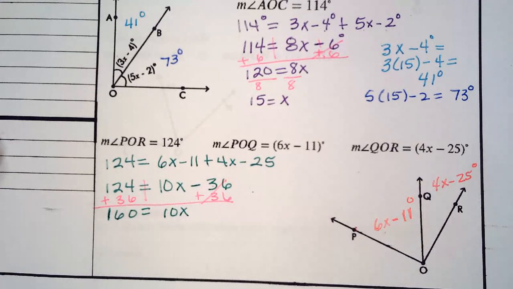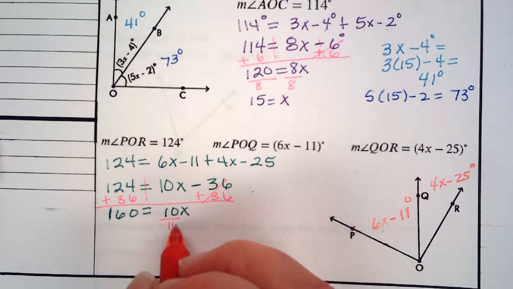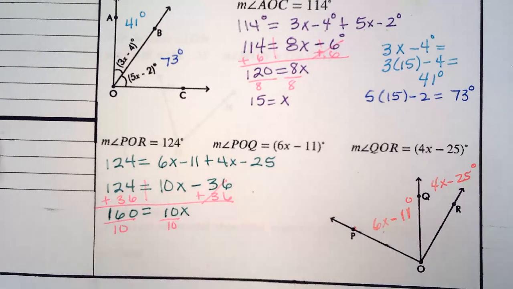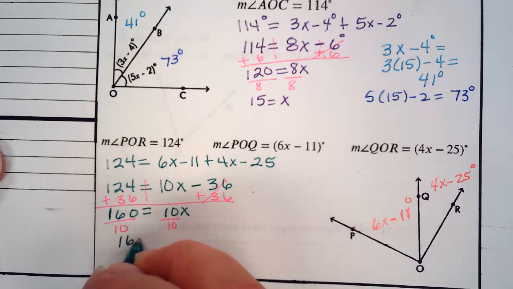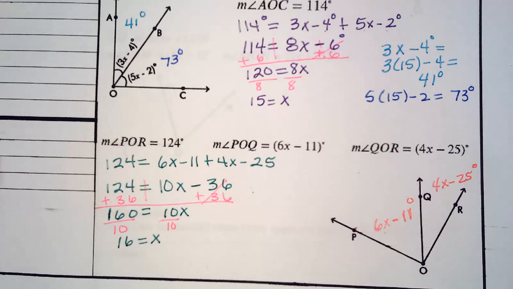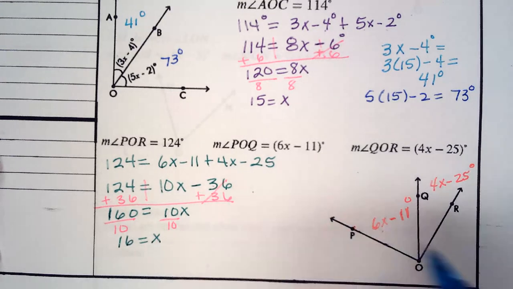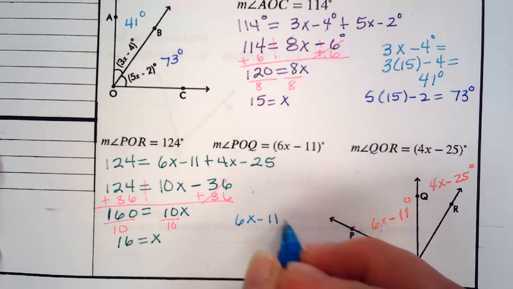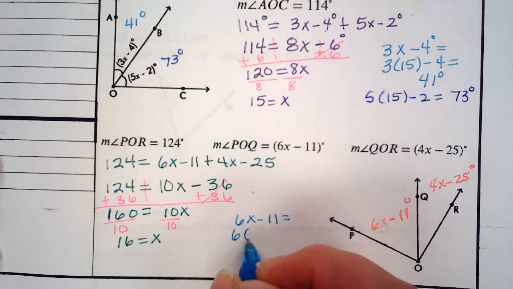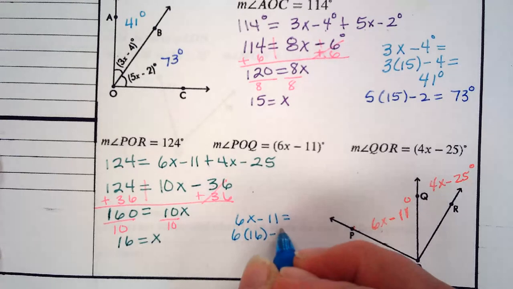Divide both sides by 10. And 16 is equal to x. But I'm not done yet. I've still got to find those two angles. So I'm going to take 6x minus 11. That gives me 6 times 16 minus 11.